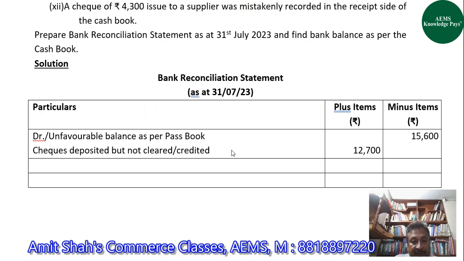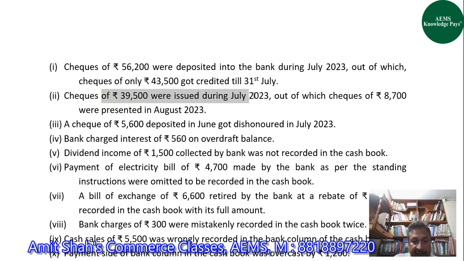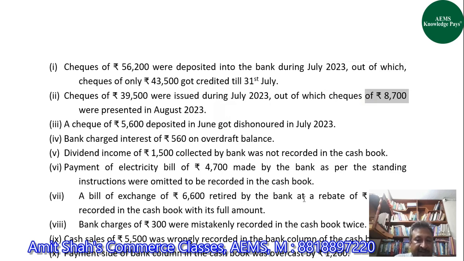Okay. The second point is checks of 39,500 were issued during July 2023, out of which checks of 8,700 were presented in August 2023. Right, guys? It means the difference in cash book and passbook out of this point is for 8,700. So we decreased our cash book balance by rupees 39,500, but in passbook the balance got decreased only by 30,800.